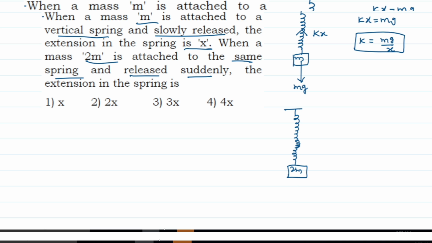Let us take it as some x dash in the spring. Due to this extension there is a change in potential energy of the system, and the spring will be extended.